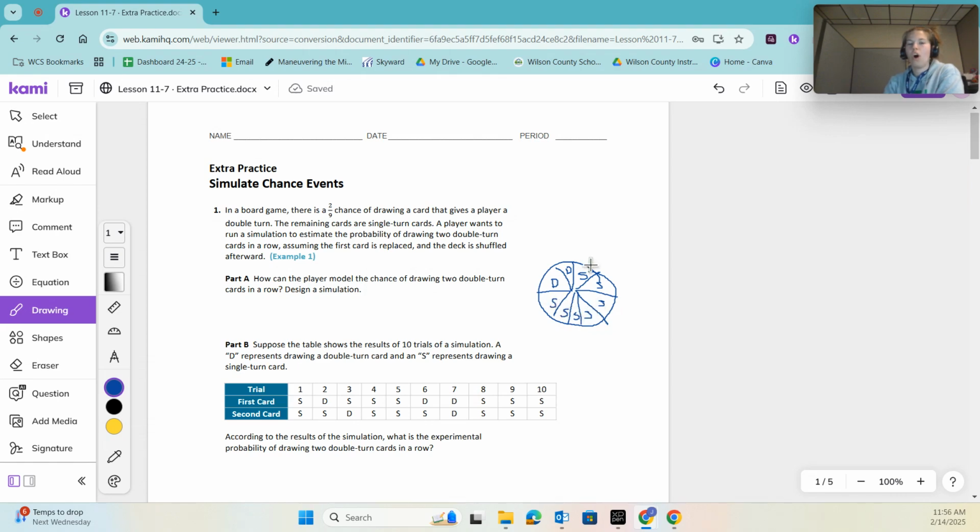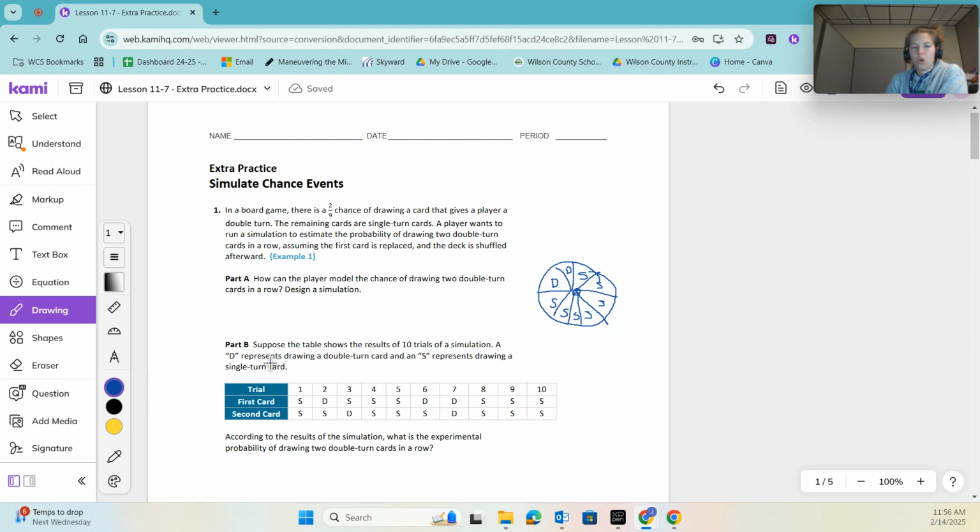This would be one way to simulate this type of event. If we spin the spinner and it lands on a D, we would record a D in our simulation. If it lands on an S, we would record an S.